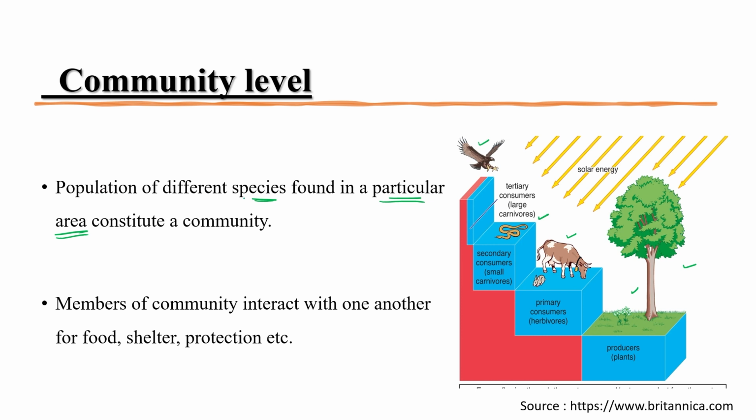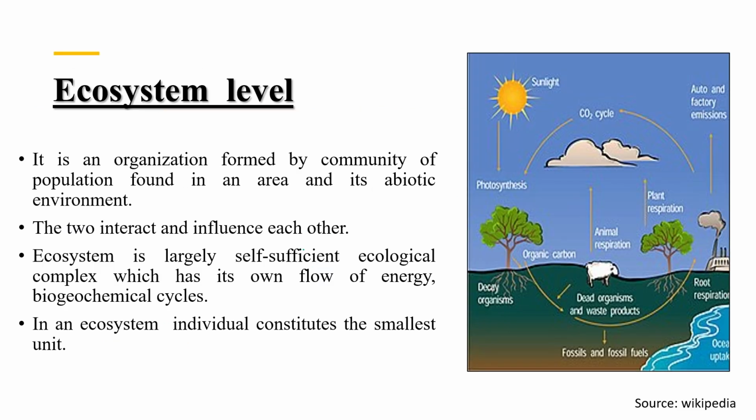So populations of different species found in a particular area constitute a community. Members of a community interact with one another for food, for shelter, for protection, and so on. After the community, the next level is the ecosystem level.